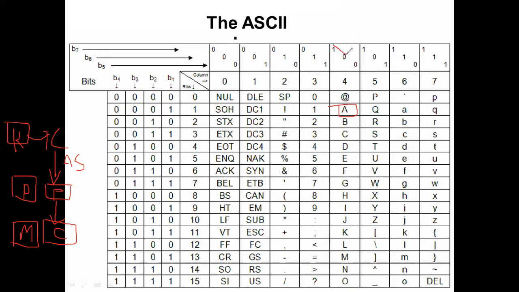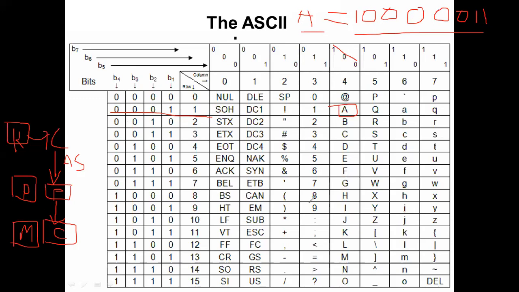Take the column code, which is 100, and take the row code, which is 0001. First the column bits are taken, then the row bits, so the ASCII code for capital letter A is 100 0001.